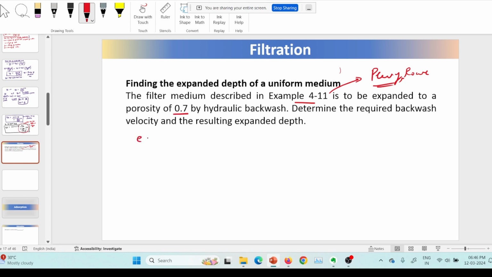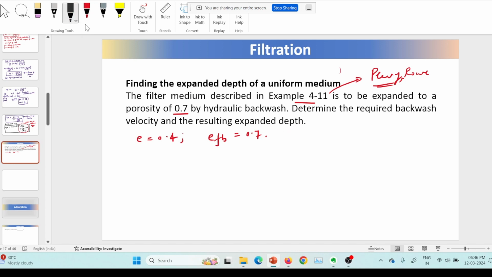So E was previously how much? 0.4, I think. So EFB will be 0.7 this time. Determine the required backwash velocity and resulting expanded depth.